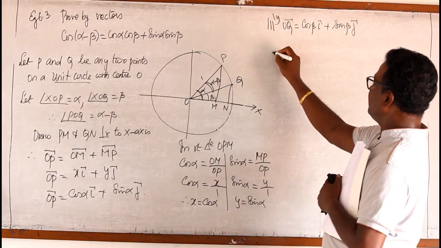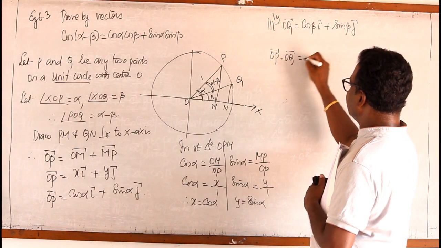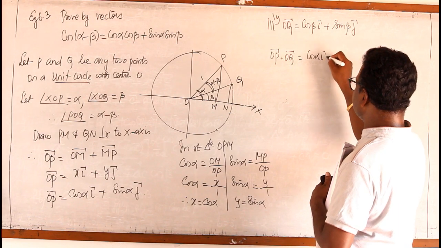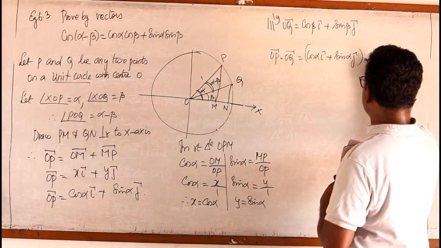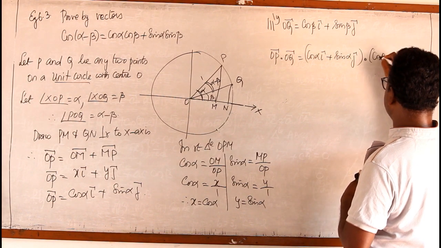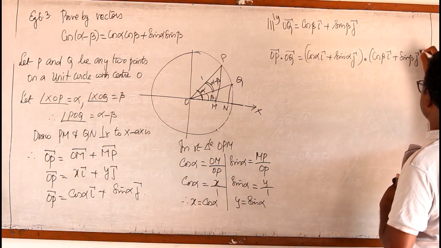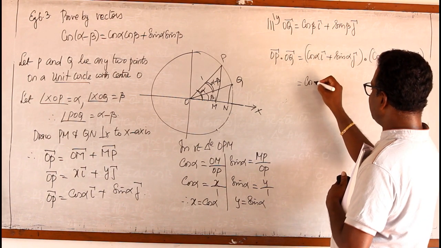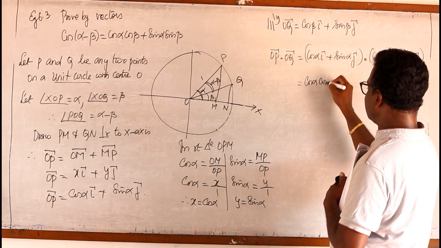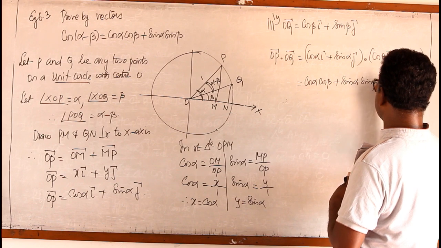From this, if I find OP vector dot OQ vector, then it is (cos alpha i plus sin alpha j) dot (cos beta i plus sin beta j). Then the dot product is cos alpha cos beta, because i into i only can be multiplied, plus sin alpha sin beta.